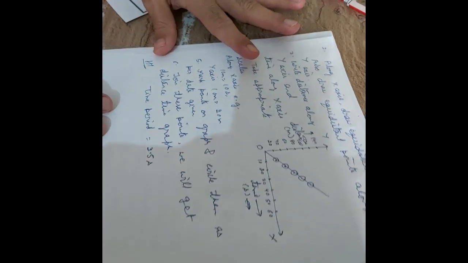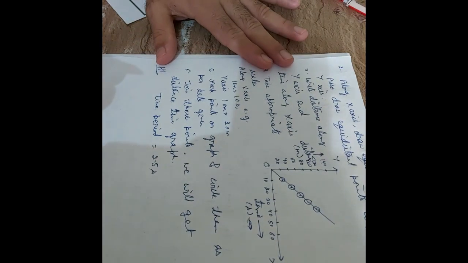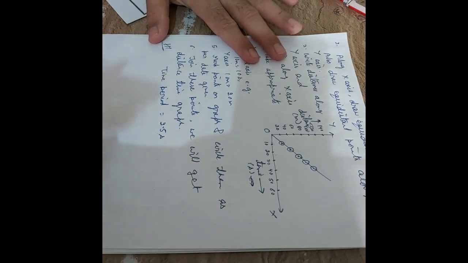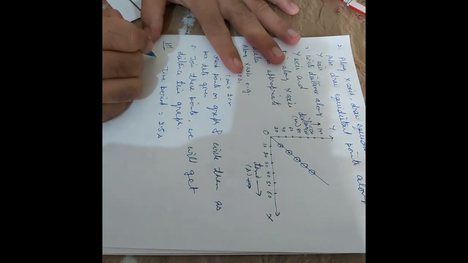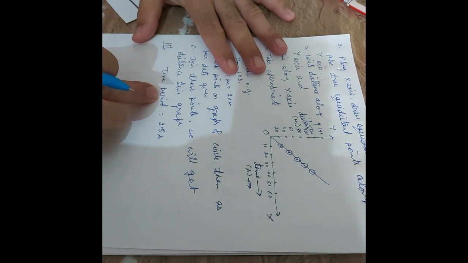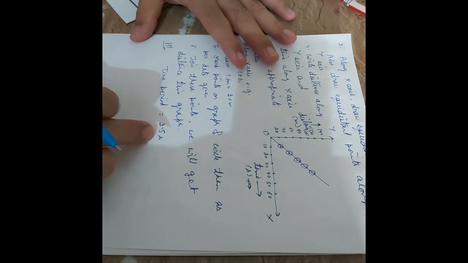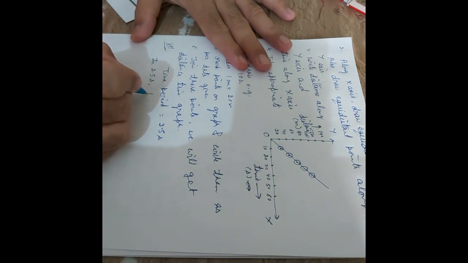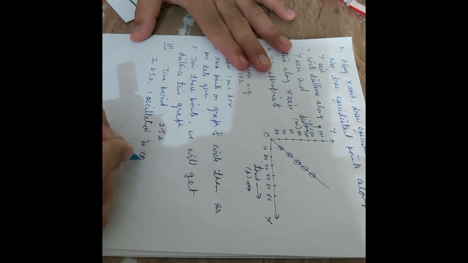What does time period mean? In 1 second it will complete 1 oscillation. So time period means 1 oscillation is completed in 2.5 second. So what can we say? In 2.5 second 1 oscillation is completed.